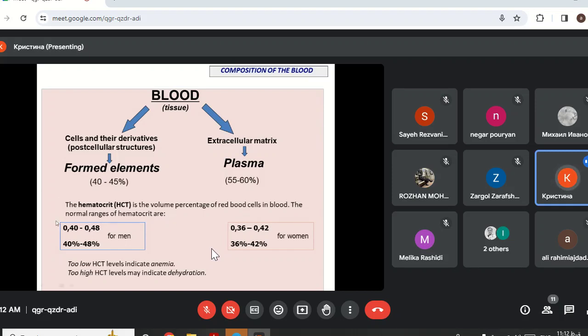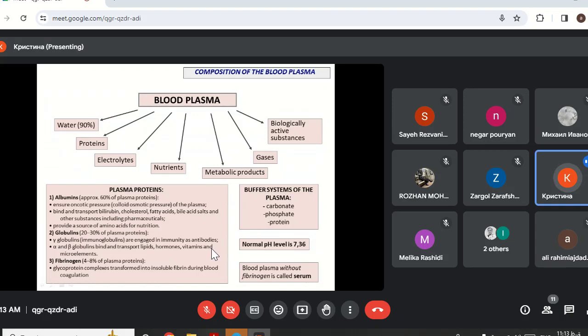And we have normal ranges: for men, about 40–48% the formed elements make in blood, and in women a lower volume, 36–42%. If the hematocrit level is too low, it may be the result of anemia. If the hematocrit level is too high, it may indicate dehydration of the body, lack of water in the body.